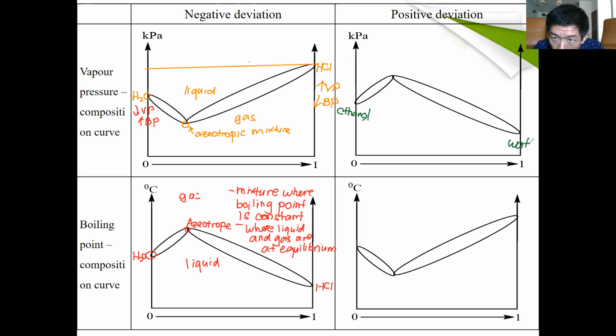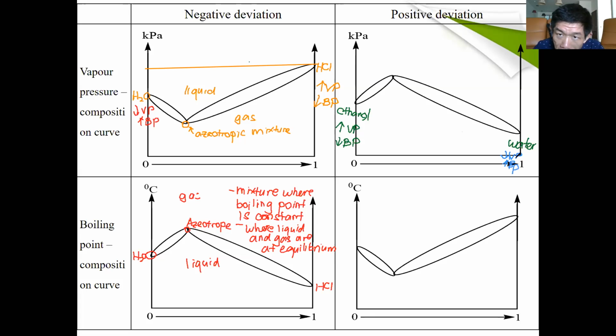Water has a lower vapor pressure than ethanol. So ethanol has a higher vapor pressure, therefore a lower boiling point, whereas water has a lower vapor pressure, therefore a higher boiling point.